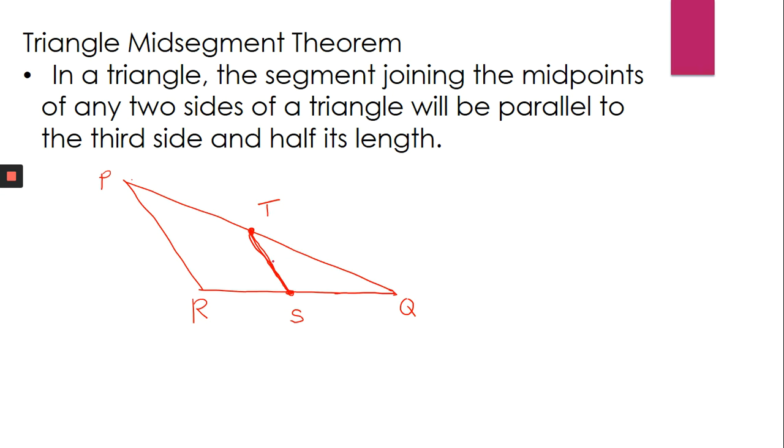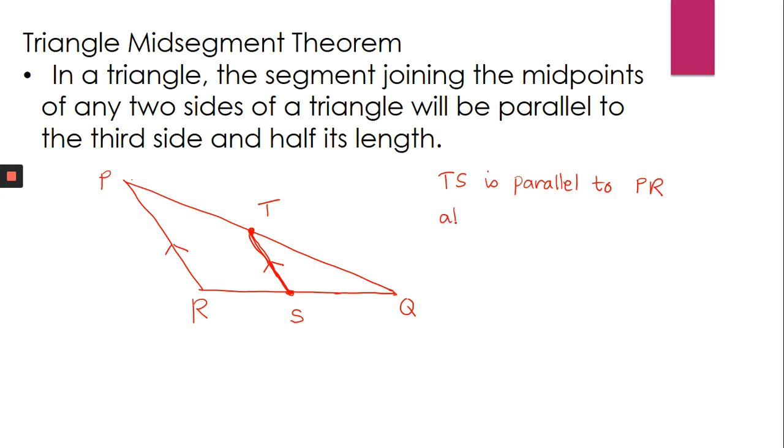So this is parallel to this, right? So again, the mid-segment is always parallel to the third side of the triangle. Okay? Now, so we can say that TS is parallel to PR.